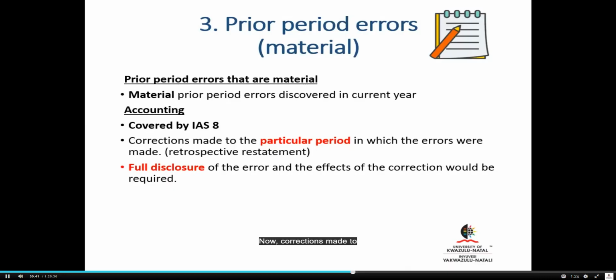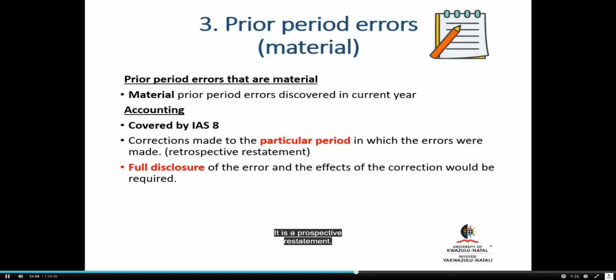Now, corrections are made to the particular period in which the error was made. In other words, you have to go to the period where the error was made and make that correction. So if you discover an error this year, but it occurred last year or the year before last year, you correct those financial statements.